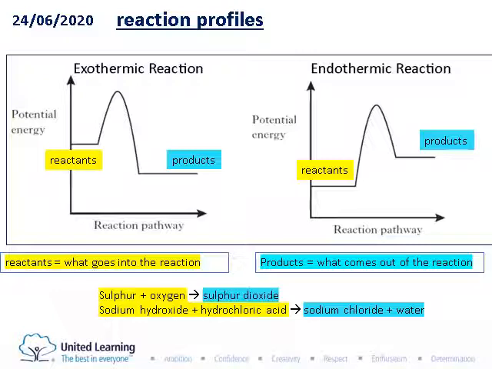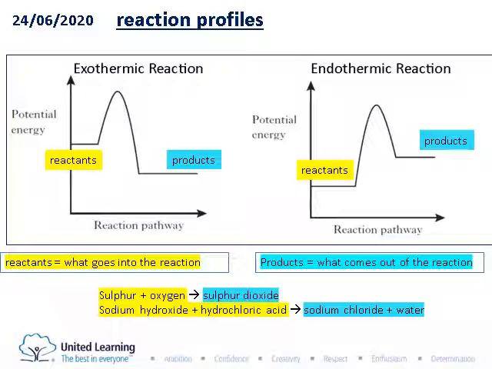So I've labelled the reactants and the products for you, and the definitions are also given to you. So the reactants you should know is what goes in, and the products are what comes out. So I'm only going to focus on the exothermic reaction profile to start off with, which is on the left.